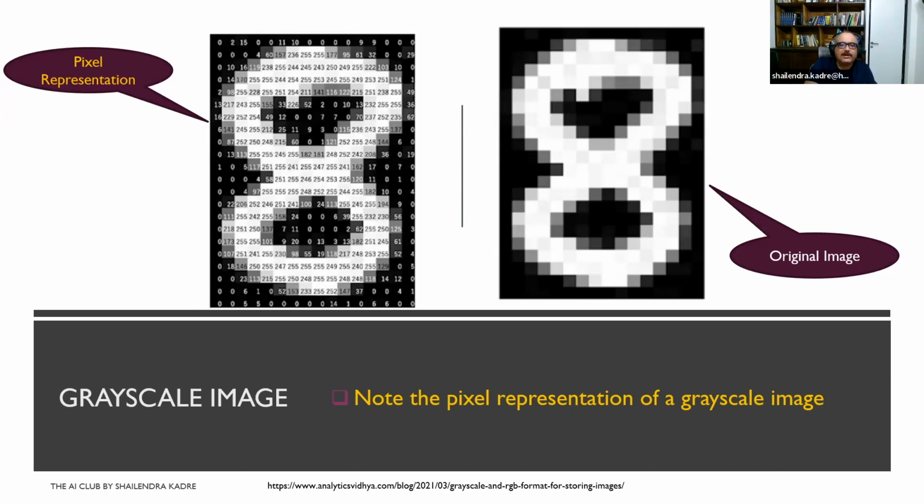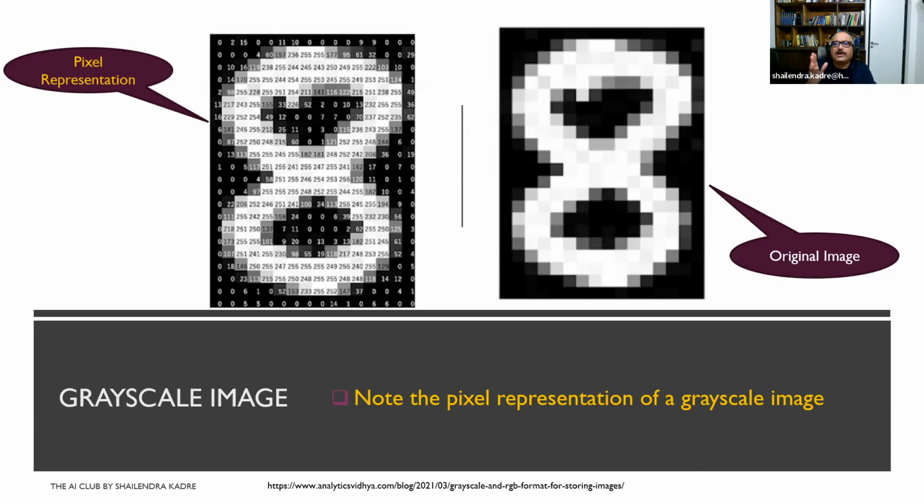On the left hand side, every pixel has a number given. If it is white or near to white, the number is 254, 253, 246. So these are near to white. And the dark pixels you see are 0, 7, 1, very low values. Like that, each pixel is given a value here.